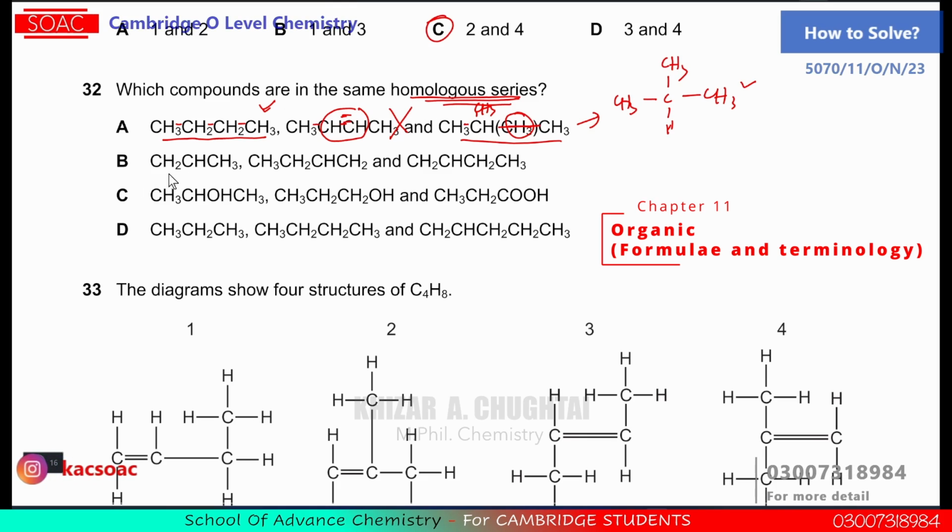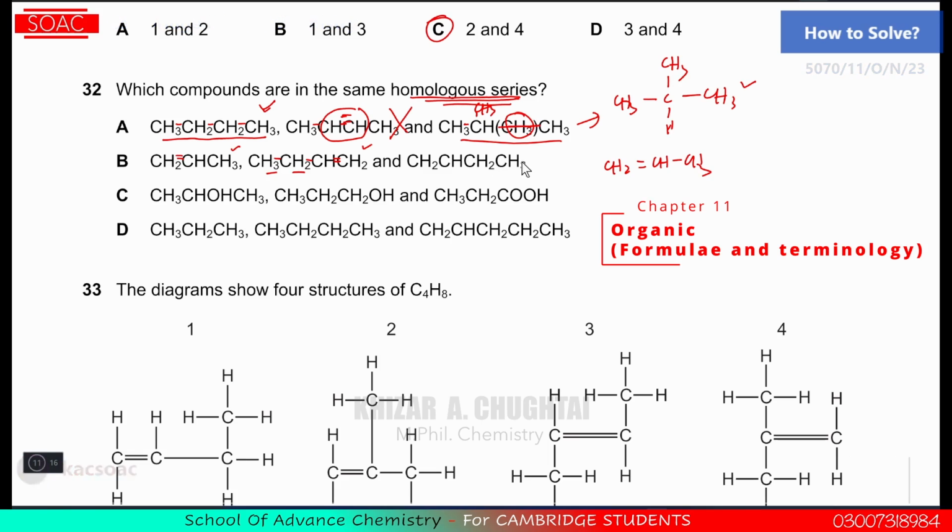In case B, CH2, CH, CH3, there is a carbon-carbon double bond. Once again, CH2 double bond CH, single bond, CH3, it's an alkene. Here you can see a double bond: CH3, CH2, single bond, CH double bond CH2, it's an alkene. In this case, CH2, then CH, CH2 and CH3. No, this is incorrect, I think.